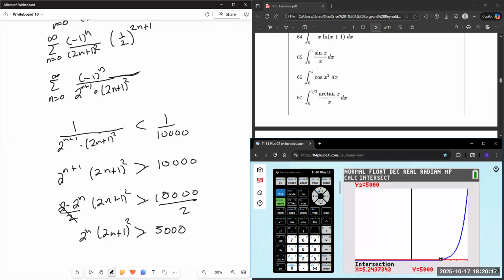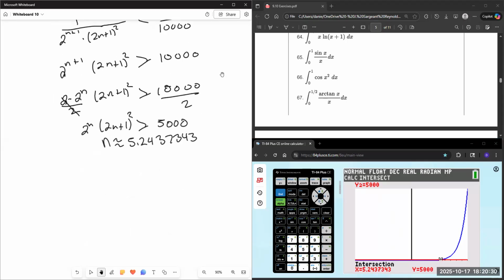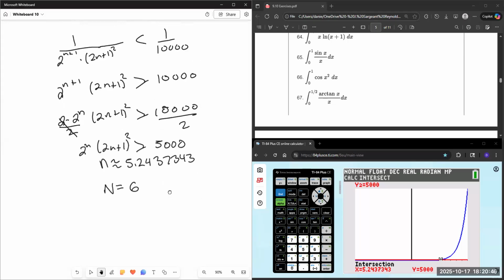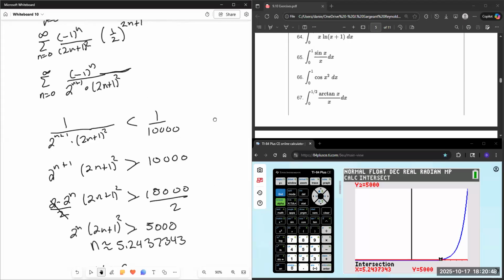I'm going to let it say that n is approximately 5.2437343, but I need n to be the next largest whole number above that. So the n that I need is going to be 6. I need to go out to the 6th power for x at least.